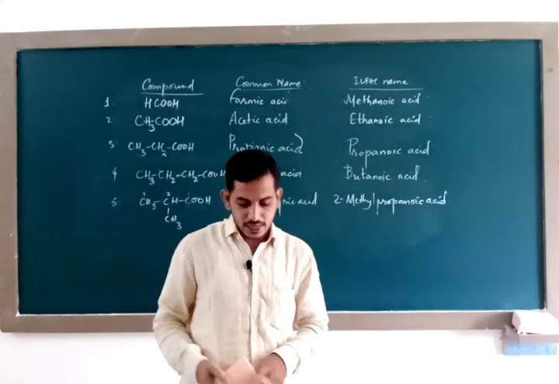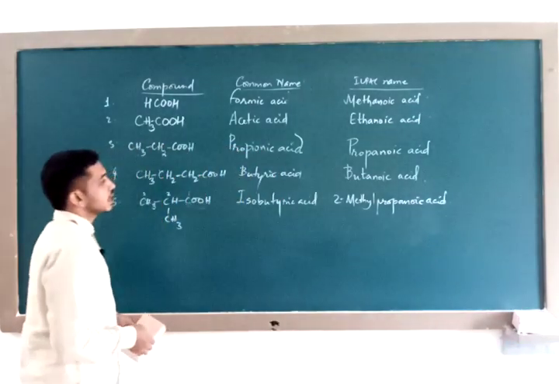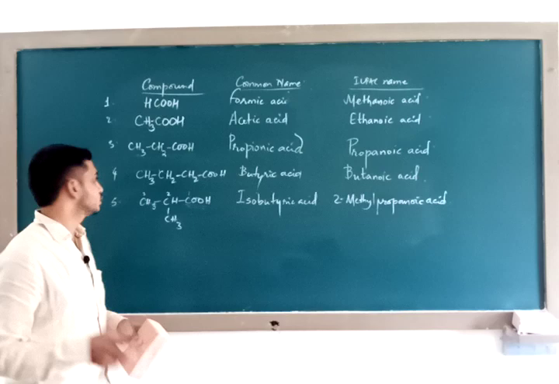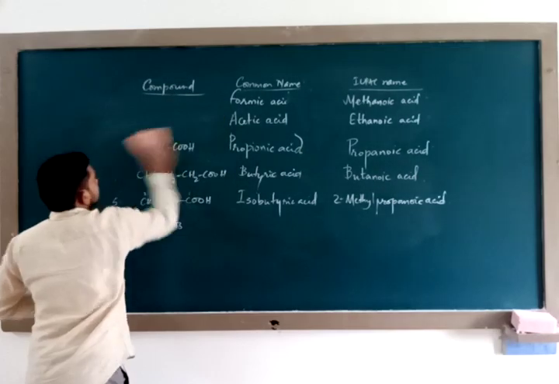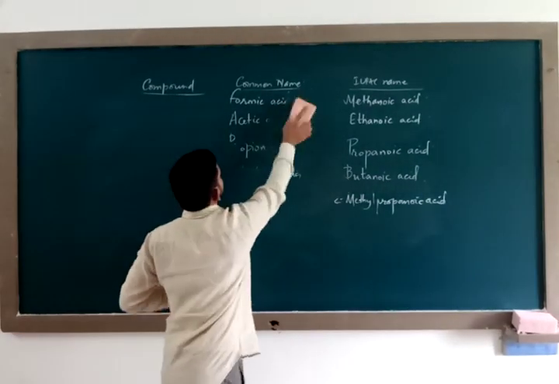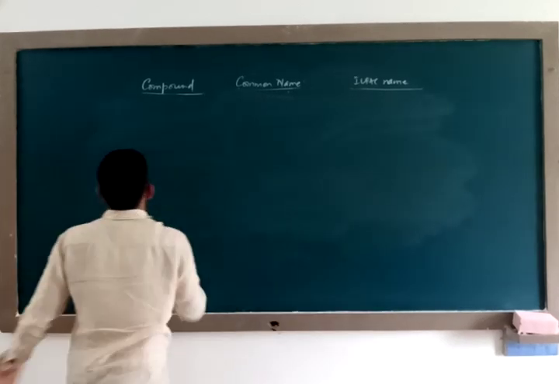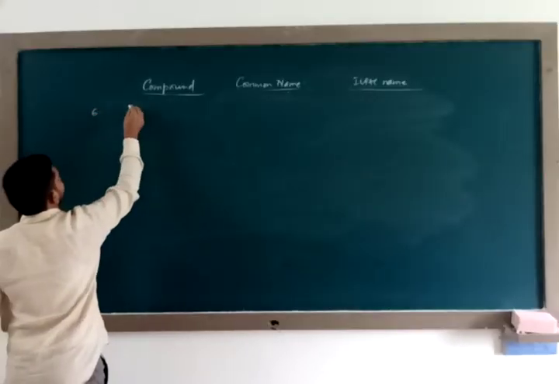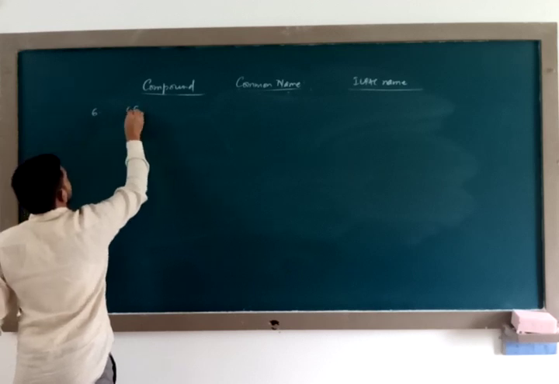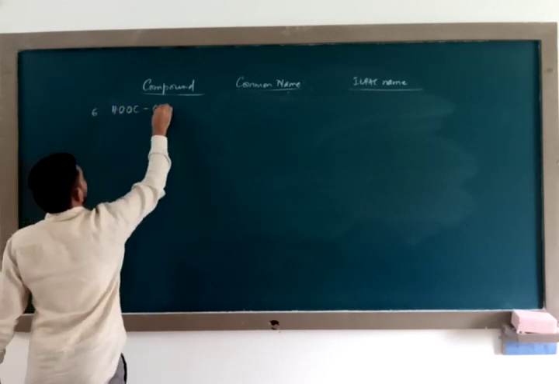Let us see some more examples of carboxylic acids where they contain two carboxyl groups. Five examples were over, now the sixth example. COOH, COOH.